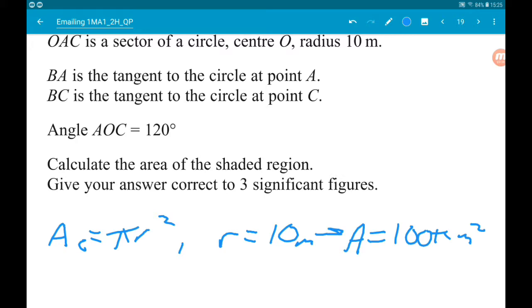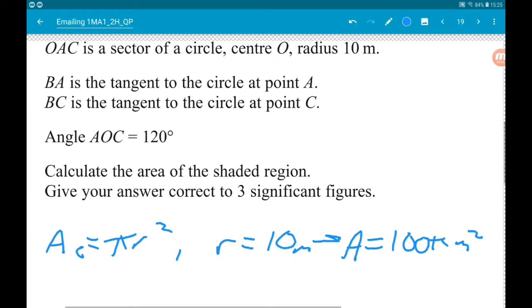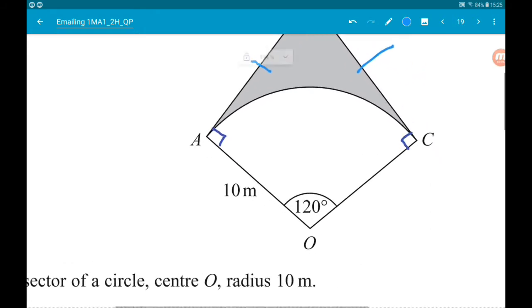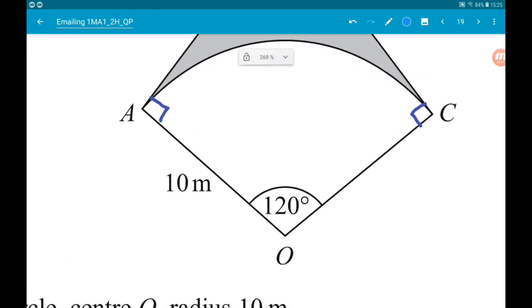But we don't have the whole circle. So the angle tells us what fraction of the circle we have. So angles around a point add up to 360 degrees. We have 120 out of 360 degrees.